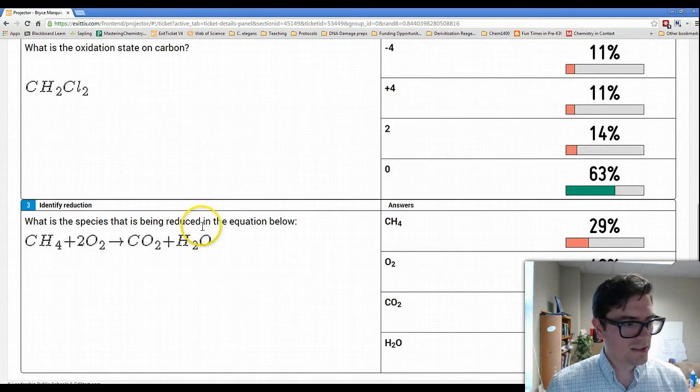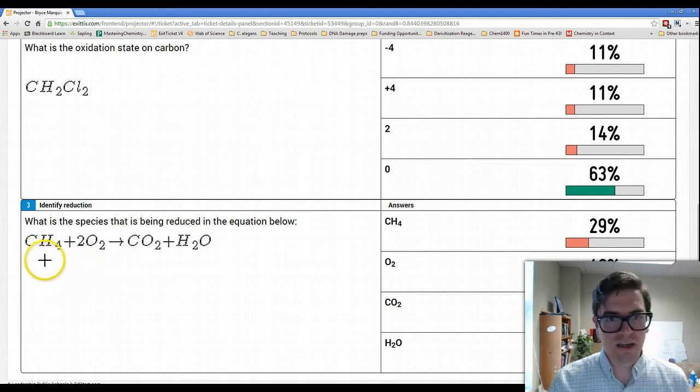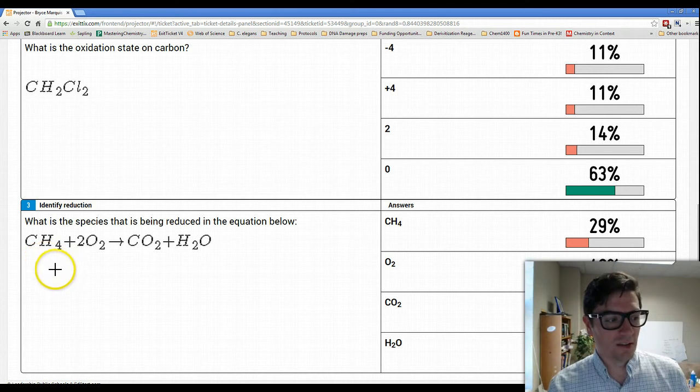Okay. Finally, we sort of put it all together with this last question. The question is, what species is being reduced in this equation? So we have to look at the oxidation states on all of our elements.